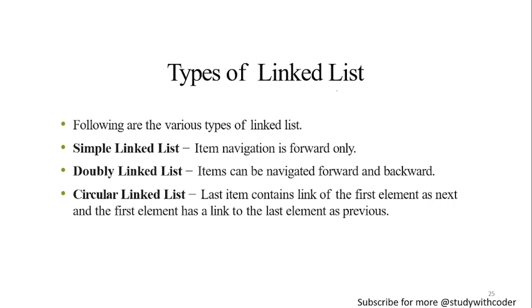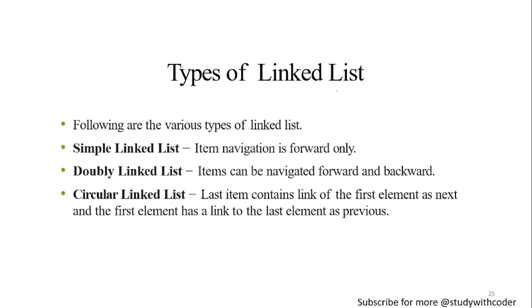Here we see the types of linked list. There are three types of linked list: singly, doubly, and circular. In a singly linked list, navigation is forward only, and in a doubly linked list, items can be navigated forward and backward.